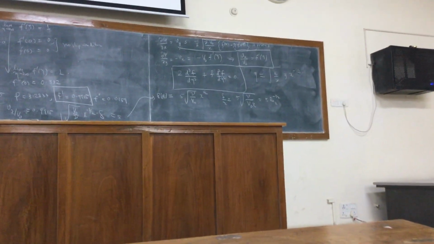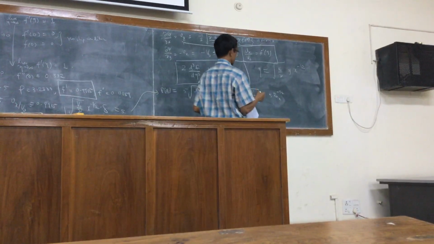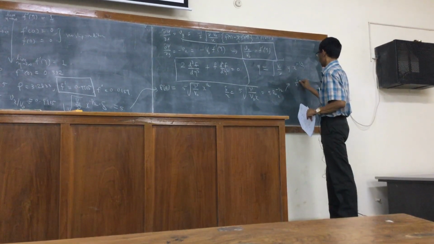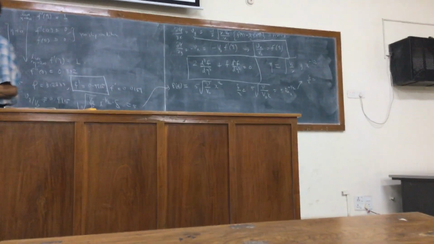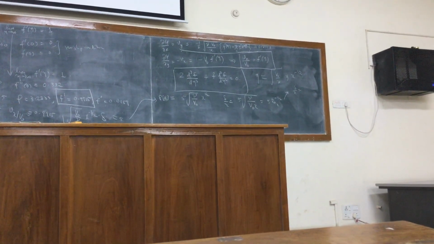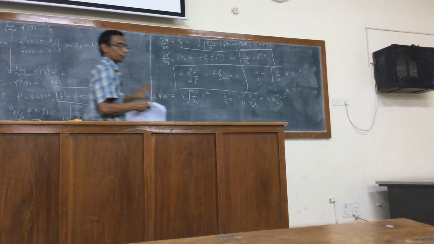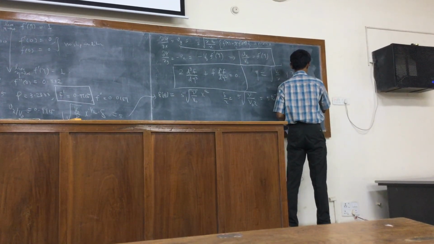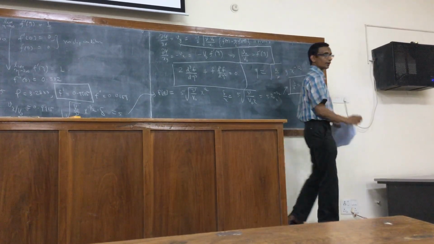But this is approximate, and what Bird, Stewart, Lightfoot and the other books give is that if you adjust for the fact that we have used 0.9915, and look for the eta that gives f prime of eta as close to exactly 1 as possible, then it is given by 4.64 over root Re_x, rather than 5.